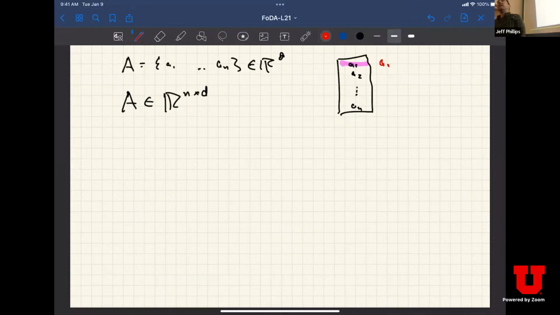And then the singular value decomposition, if I truncate it, right?